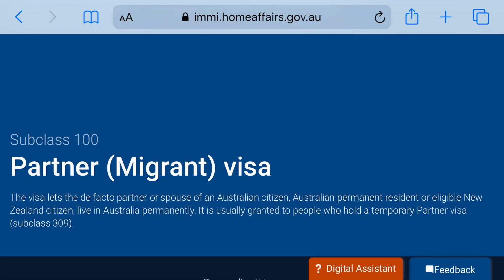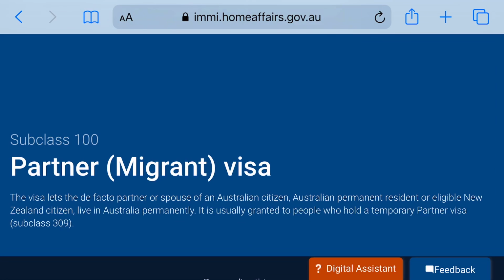So guys, some of you might be familiar with spouse sponsorship for Canada. Even in Canada, spouse sponsorship applications get finalized in two stages. First is sponsor eligibility, and then the sponsored person's application. In Australia, although it's also in two stages, there are two different visas.